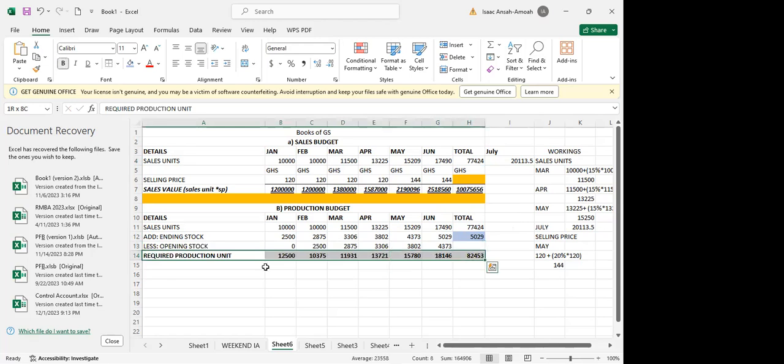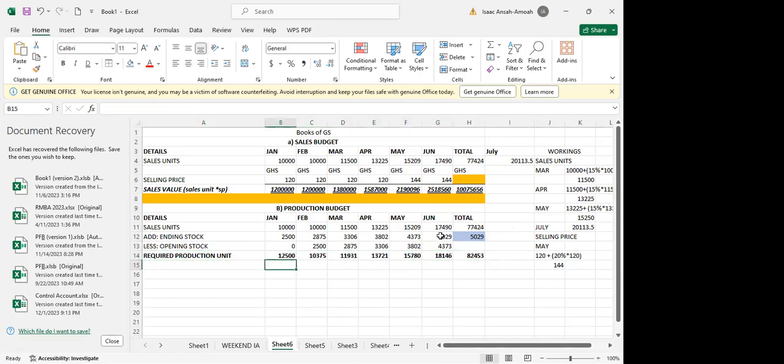I beg you, if you can help us know how you calculated the July. We computed the planned sale or the sales unit for July, even though it wasn't a requirement, because we had enough information on that.